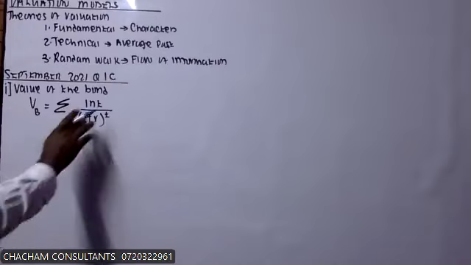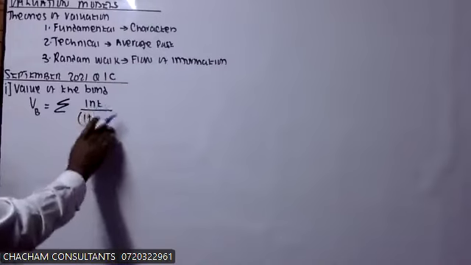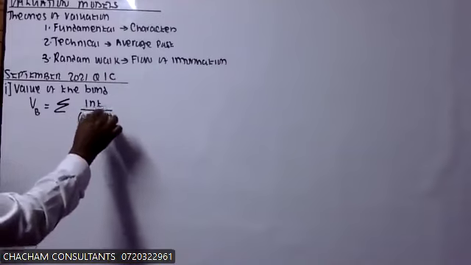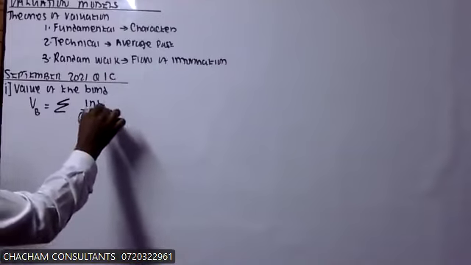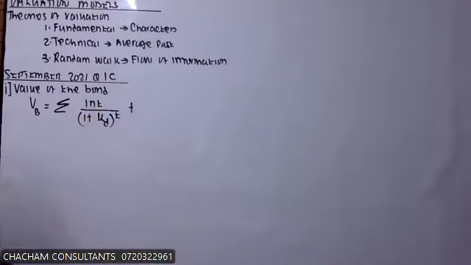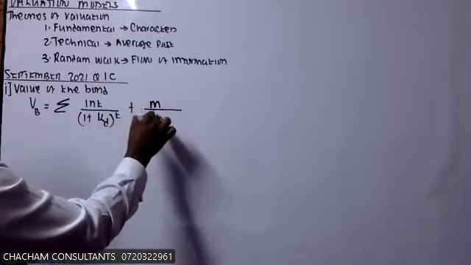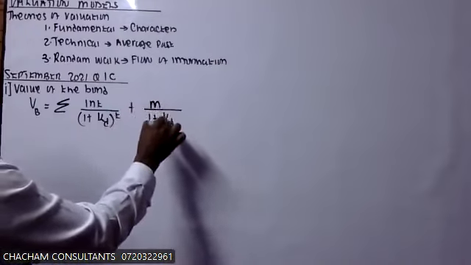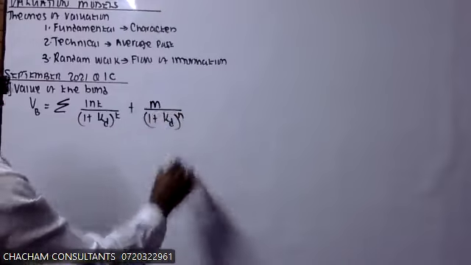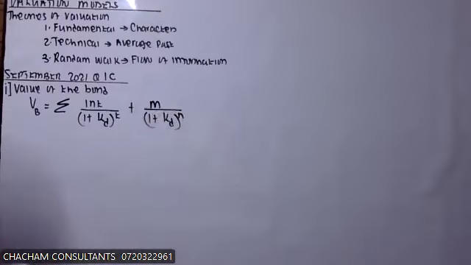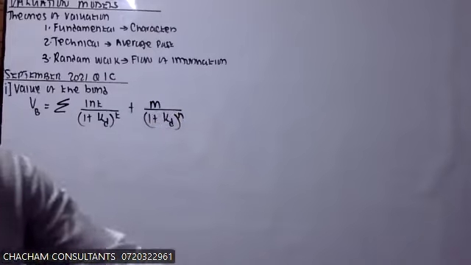Instead of using r, let me use kd. The interest over 1 plus kd raised power t, plus m over 1 plus kd raised power n.